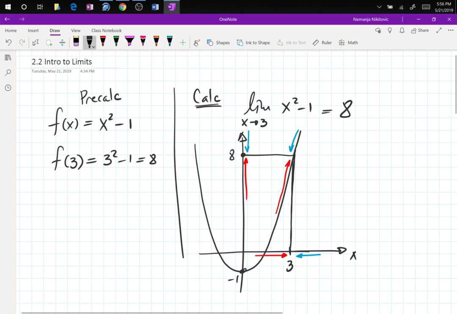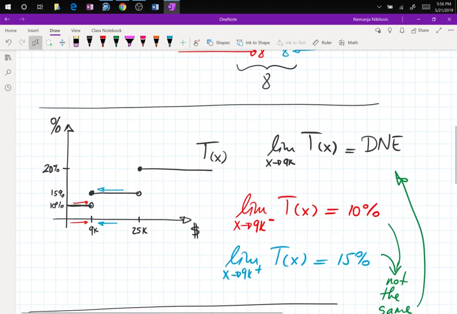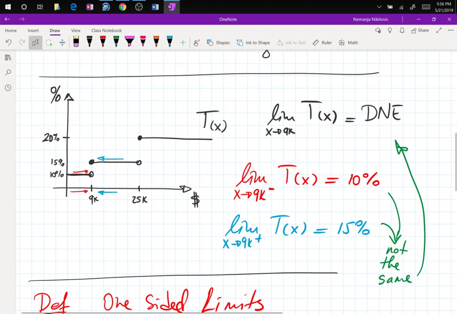If the statement was, if the two limits are the same, then the overall limit is the same, then otherwise means if the two limits are not the same. Well, that's the next example. The red limit was 10, the blue limit was 15. That's not the same, and that's the reason why the limit does not exist in this case.